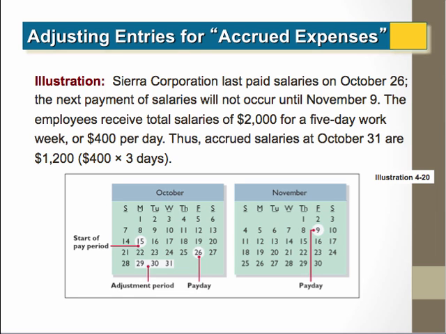Thus, accrued salaries at October 31st are $1,200. We calculate that by taking the $400 per day times the 3 remaining days in that month.